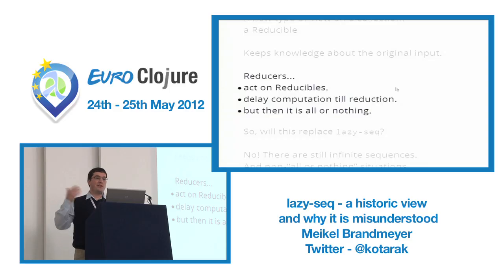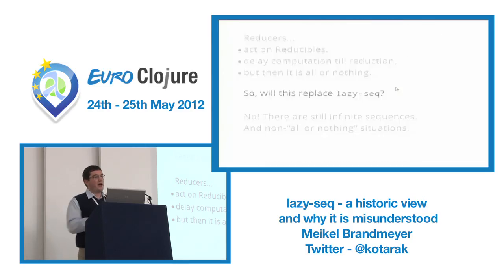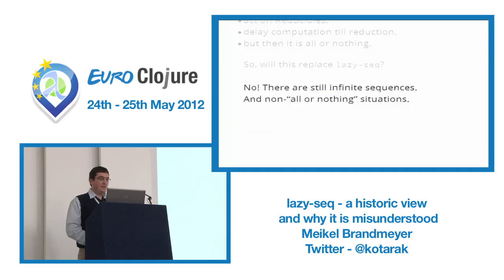When you then go into reduce, you have to process the whole structure, which of course is then maybe faster because you can exploit it. If I have a tree, I can split the subtrees on different CPUs, but you have to process the whole structure. Will this replace lazy-seq?